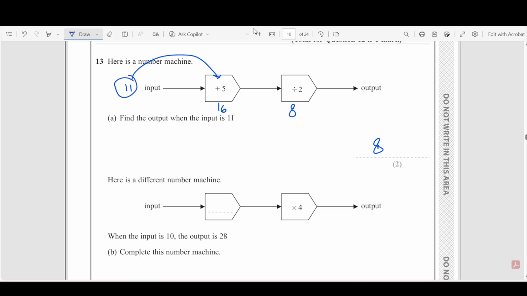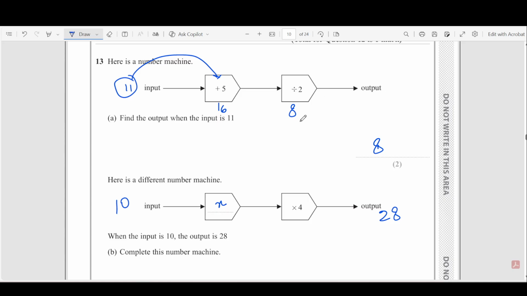Here, when the input is 10, the output is 28. Complete this number machine. So when input is 10, output is 28. This is what it's saying. So what we can do is, for example, suppose the input is x.